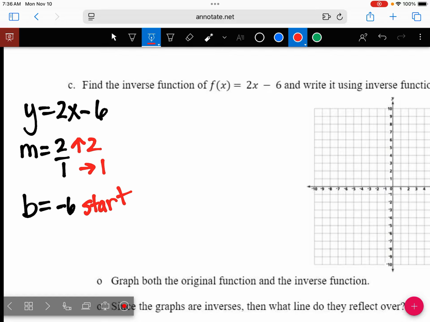So you're going to start off by putting a point right here on the y-axis. So put your point right here, Charles. And then from that point, you're going to go up 2 and right 1. So hop over 1, put a point. Hop over 1, put a point. So we're going to start it at negative 6.